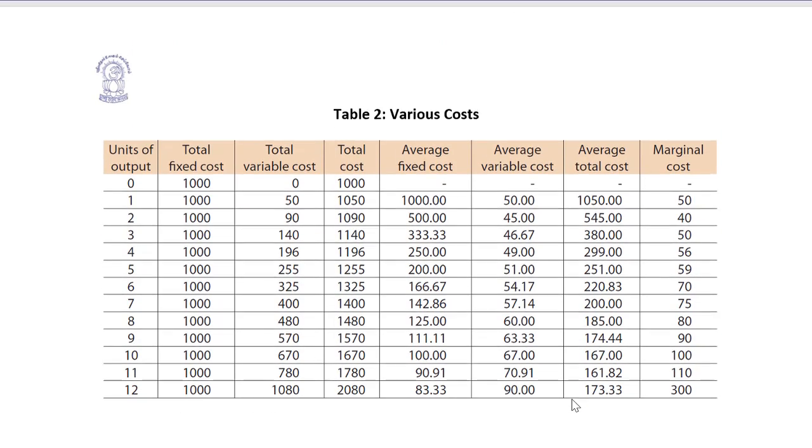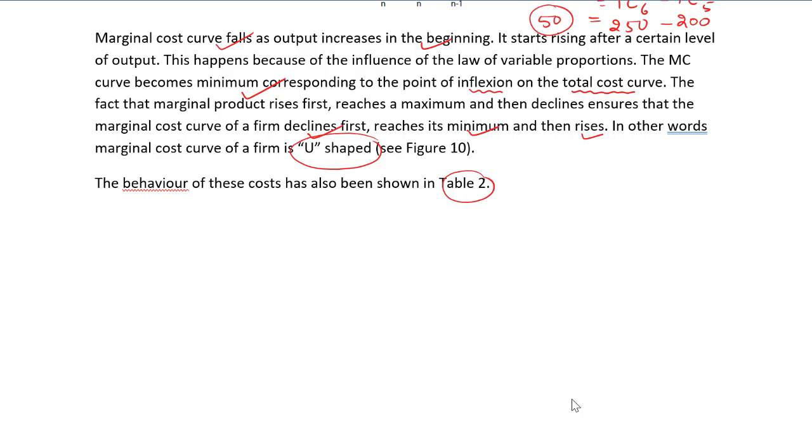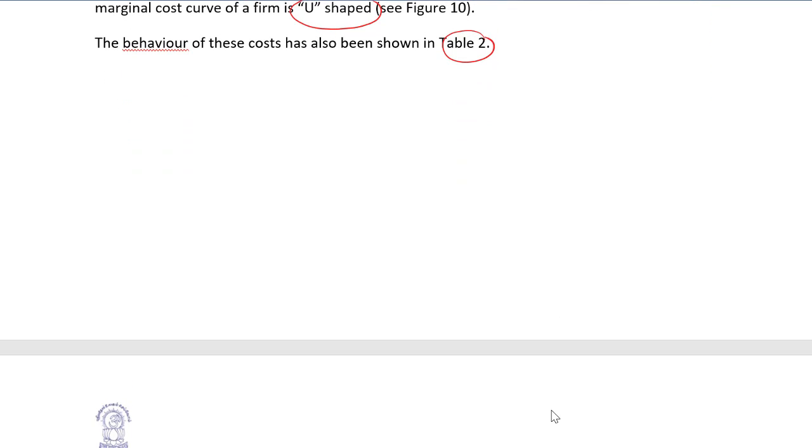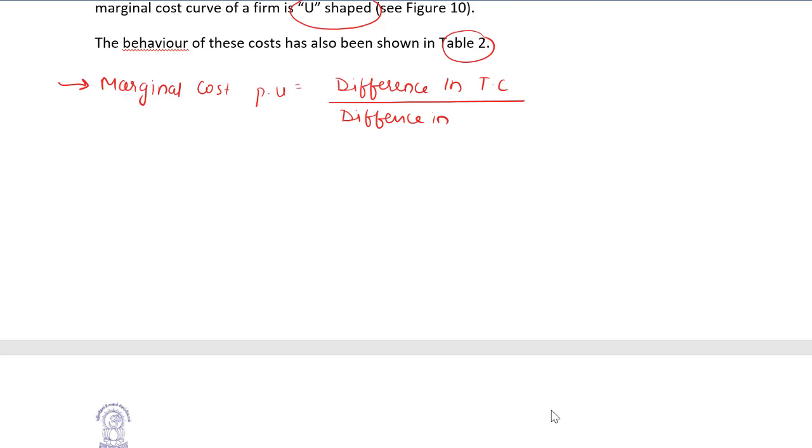Just see table 2 for the marginal cost curve, but before that just take some notes. Marginal cost per unit equals difference in total cost divided by difference in quantity, that we have seen in the example also.